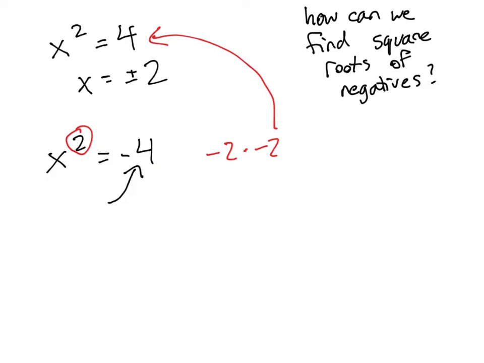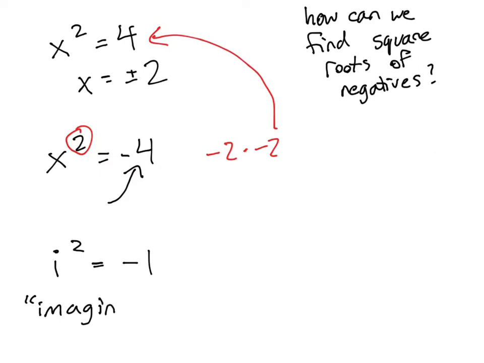And the insight that mathematicians came up with is, what if we create a new type of number that is defined so that when we square it, the answer is a negative number?